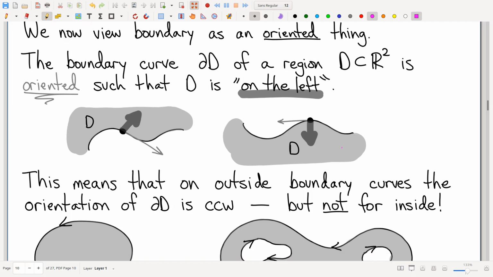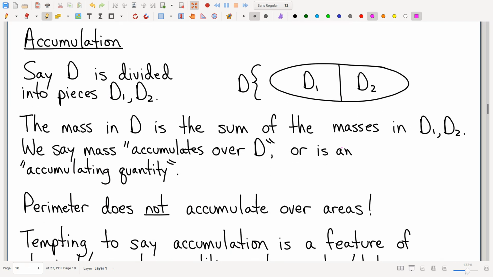Okay, next. Accumulation. Y'all have heard me talk about accumulation a lot over the couple of months that we've been in this class. And I'm a big believer in this as a concept. For example, mass accumulates over regions. What we mean by mass accumulating over an area is that if you look at the mass in the entire region, there's a certain amount of mass, whatever that is.